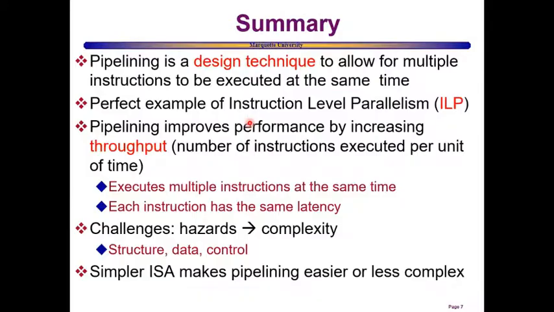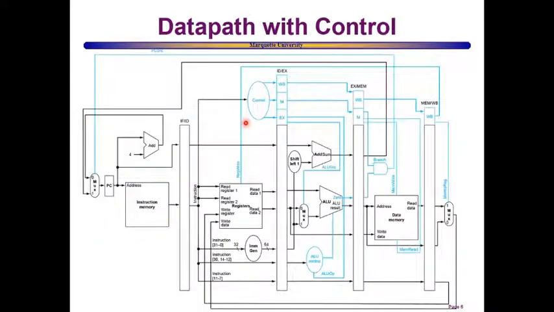Now, in order to have the pipelined processor work correctly, we need correct control signals for the execution of each instruction through the pipeline, because the control signals are generated in the second pipeline stage.